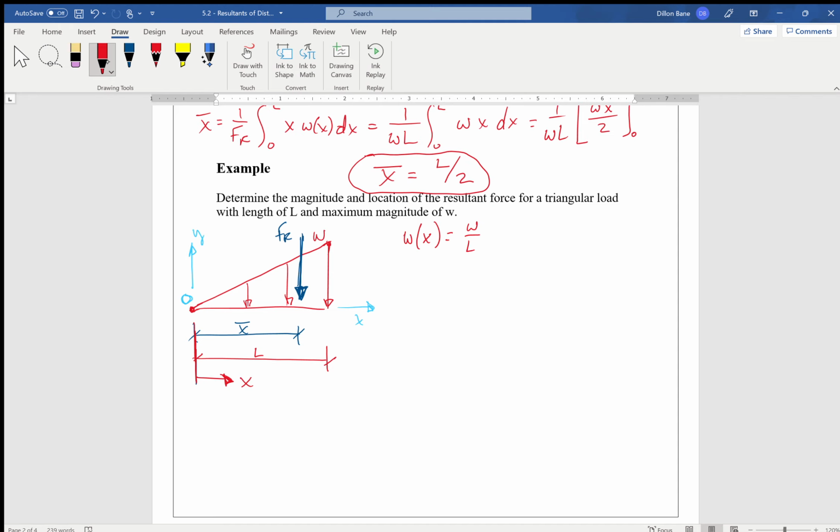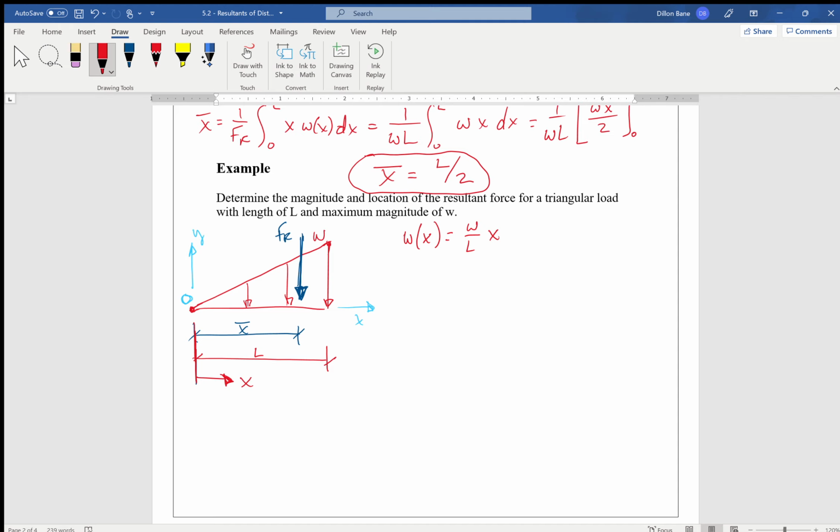We know that our equation of a line is mx plus b, right? So m is W over L. We multiply that by x, and then we need to add in our y-intercept. But for this particular line, our y-intercept is just 0, correct? So if this is our equation for w of x, let's mentally check it. What if I plugged in 0 for x? What is w of x?